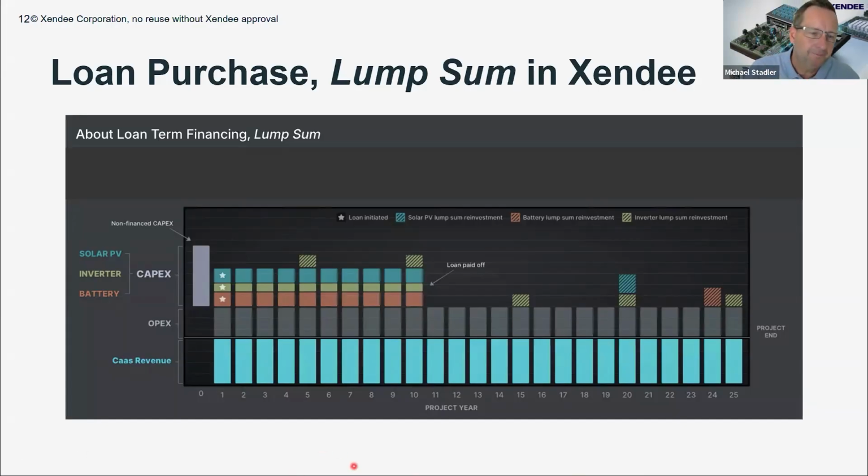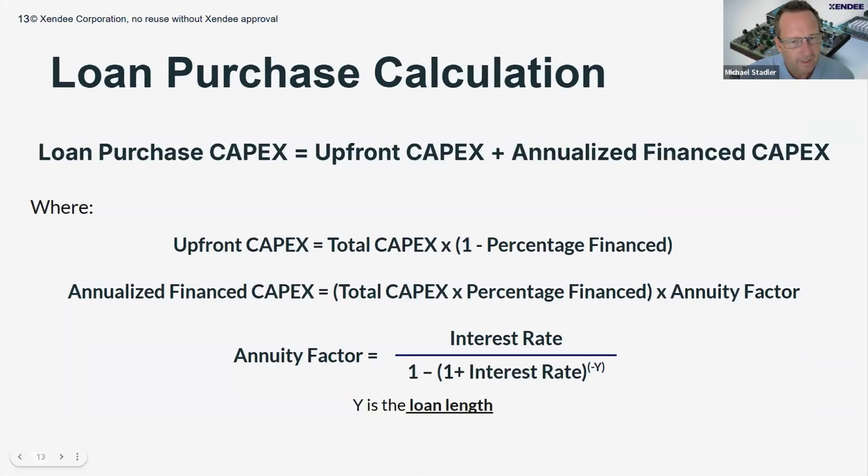Okay, next slide, Rita. So now this is a little bit of a different view on how we calculate the loan purchase. Remember we had the annuity factor in the amortized capital approach, but it was based on the technology lifetime.